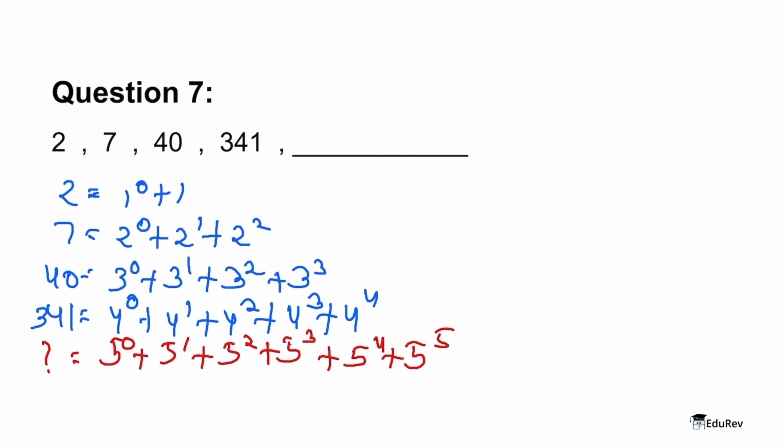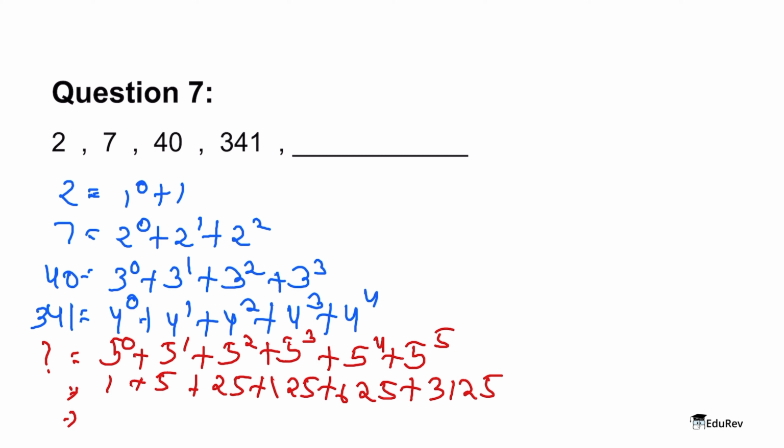Now if you solve this, you will get your number. So it would be 1 plus 5 plus 25 plus 125 plus 625 plus 3125.